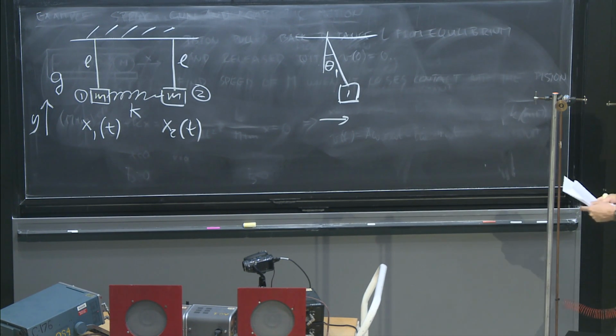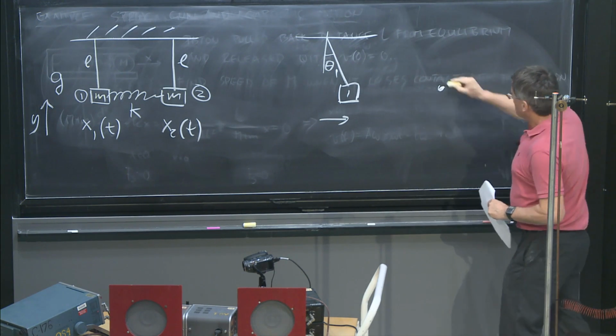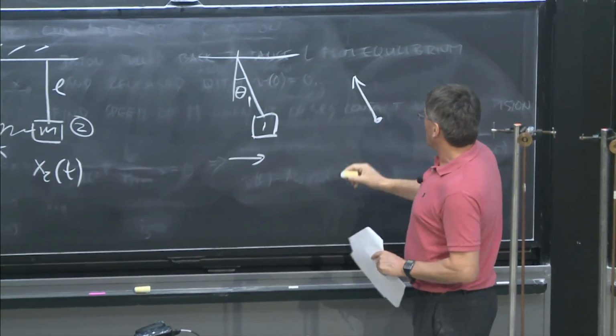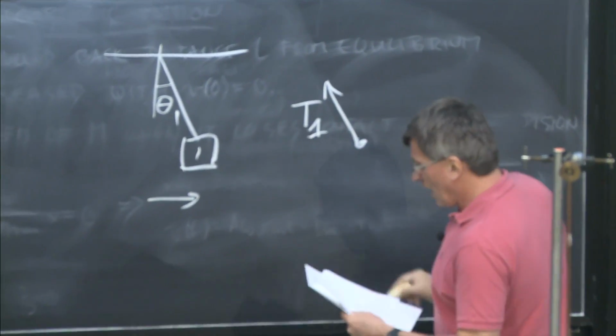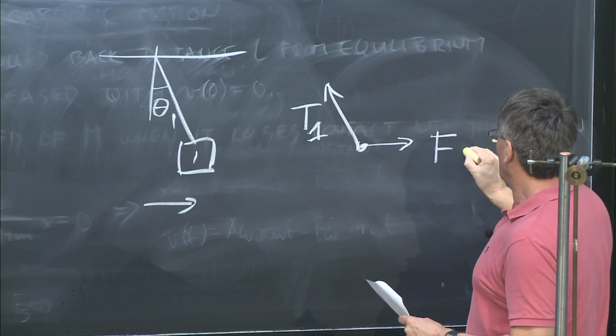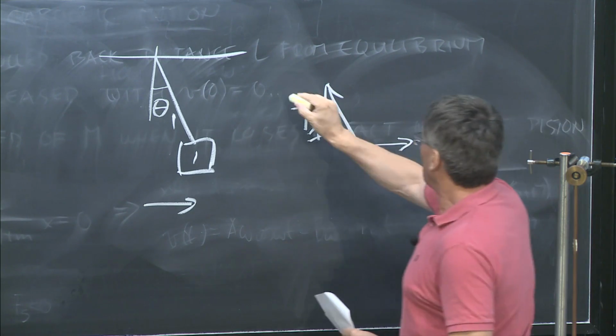And let's write down all the forces acting on this mass, the force diagram. There's a tension in the string or the rod, let's call it T1. There is a force of the spring acting in a horizontal direction. This is a vector.